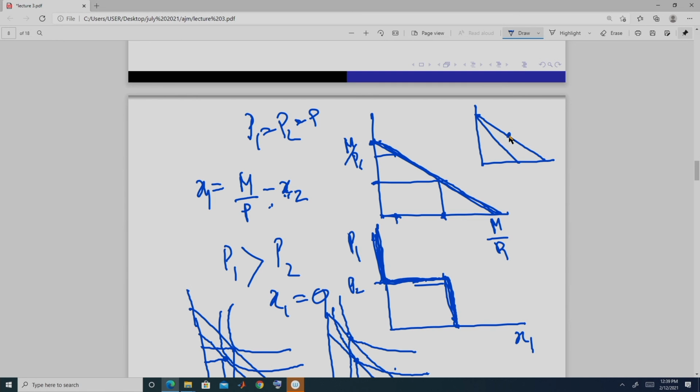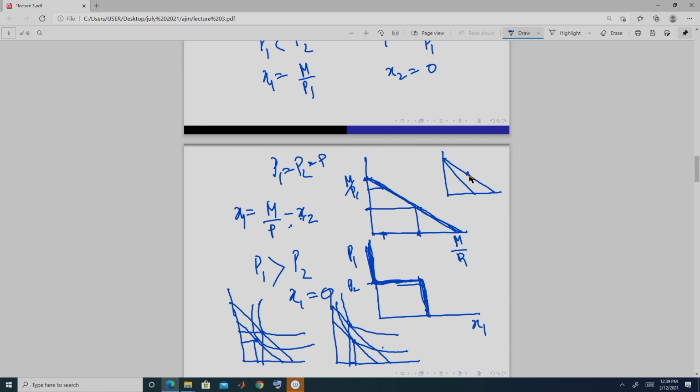Now if we look at this point, the slope is now changing. So if I want to consume one more unit of good 1, how much good 2 I am willing to substitute is given by the slope of the indifference curve. And what I am supposed to substitute, that is the exchange rate, is given by the slope of the budget line, and this has changed.